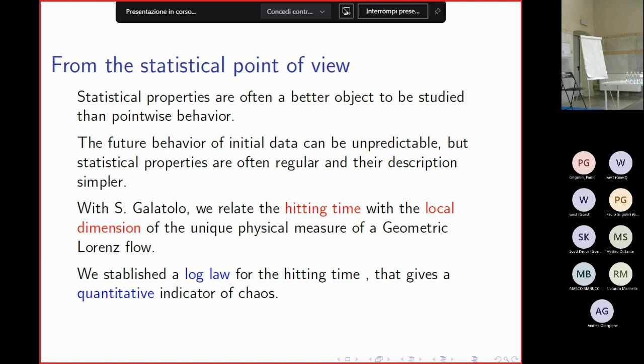With Galatolo, we related the hitting time with the local dimension of the unique physical measure of a geometric Lorenz flow. We established a log law for the hitting time that gives a quantitative indicator of chaos.